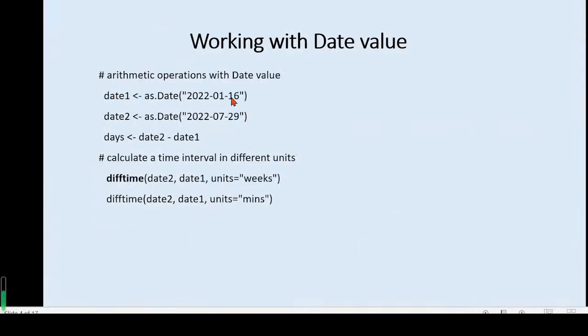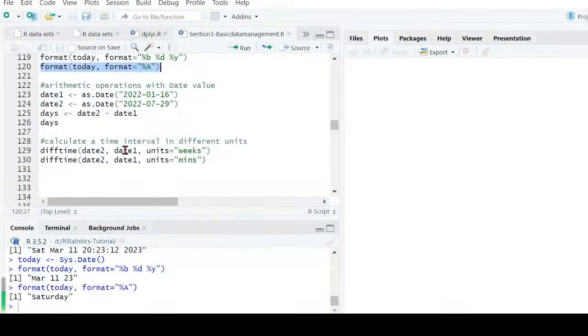So with arithmetic operations on date values, we can create two date values, then subtract one from the other. Also, we can calculate the interval in different units between two date values. So we create two dates using the as.Date function.